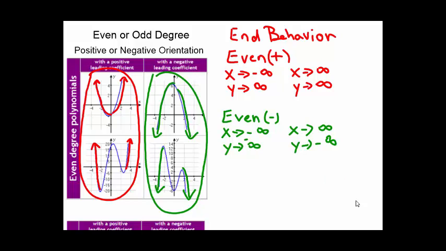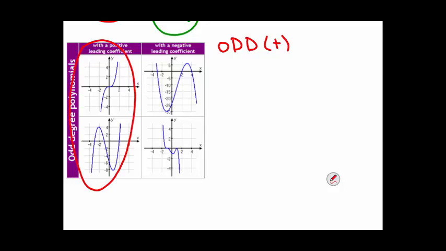All right, so now let's take a look at the odds. So your options with odds would be to have an odd degree polynomial that has a positive orientation, and that's these two general shapes here. So now we can maybe speed this up a little bit. So as x is going to negative infinity, y is going to negative infinity. Same thing down here. And then when we look at the other side of it, well, as x goes to positive infinity, y is going to positive infinity.